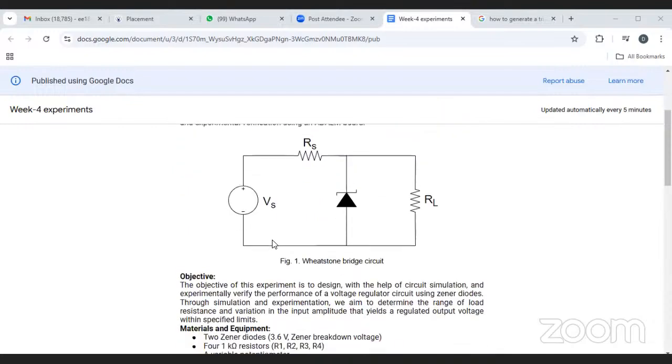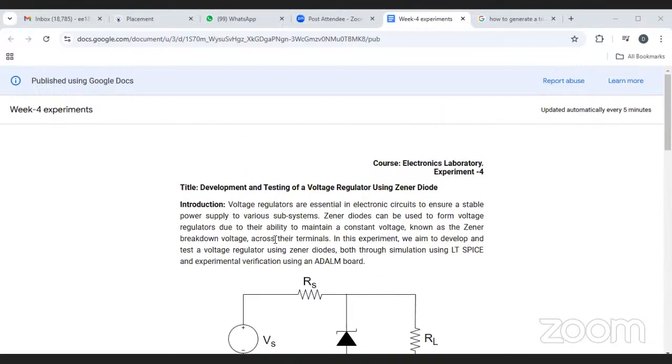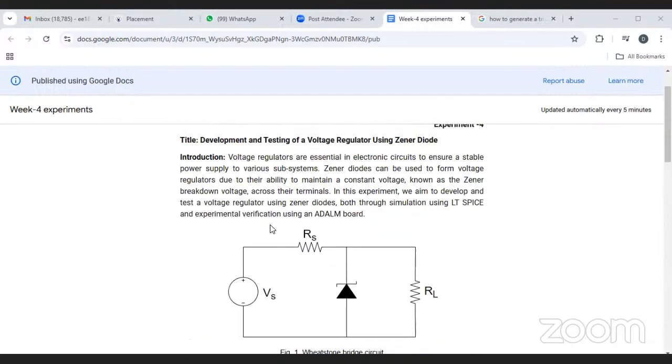So I'll give you a basic brief of the experiment. This experiment is regarding the use of Zener diode, and they have been used as a voltage regulator that we use in different applications in the IDC course, analog circuits course that you do later on.